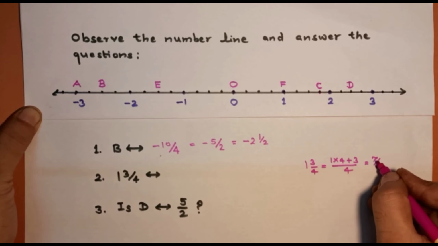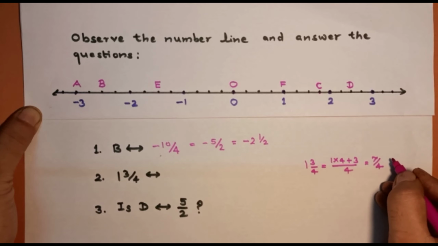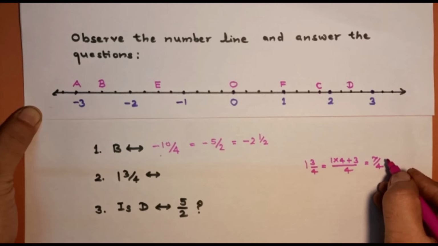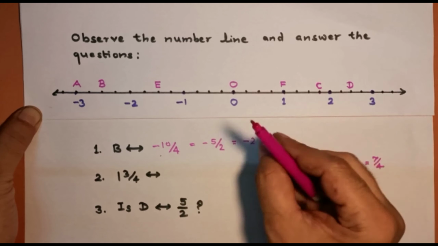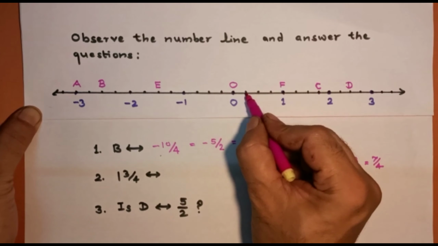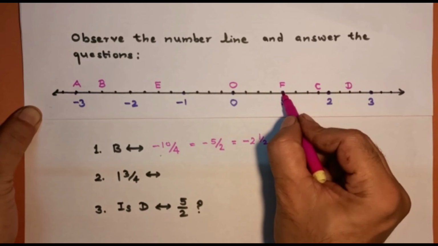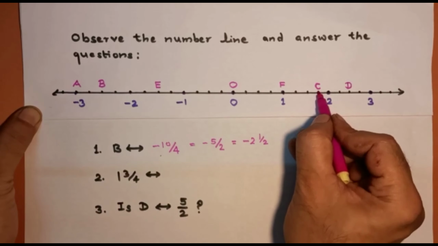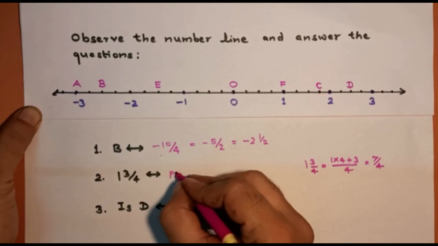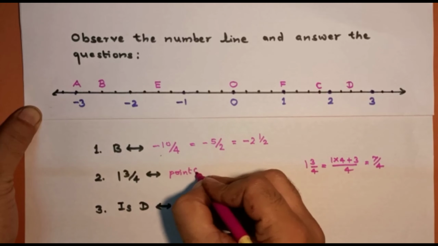So the 7th point to the right side of point 0 will be your required number or point. So let's see here. First, second, third, fourth, fifth, sixth, seventh. So your answer will be point C.